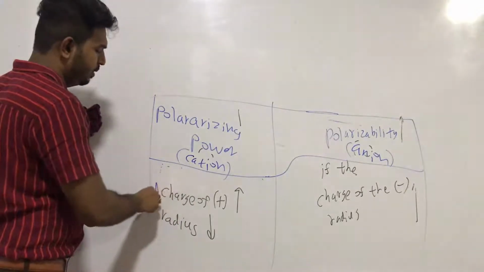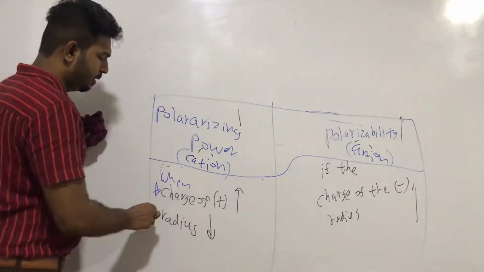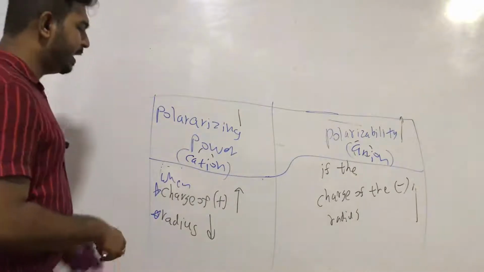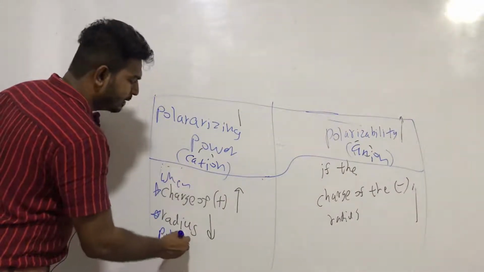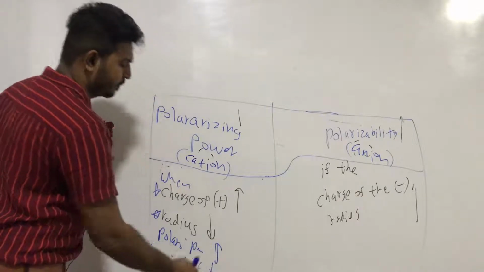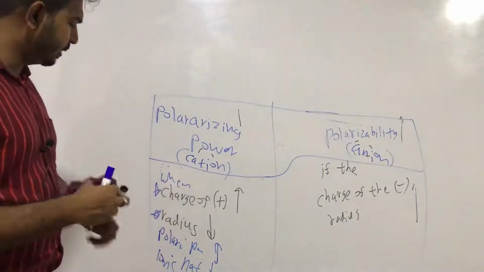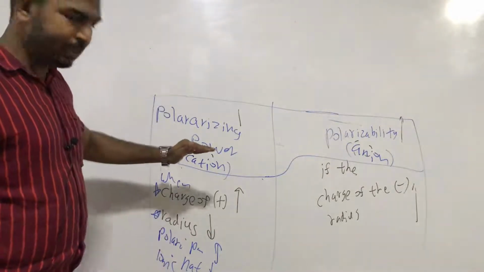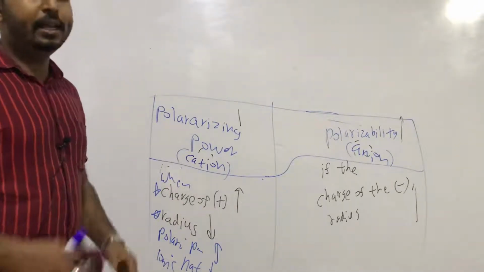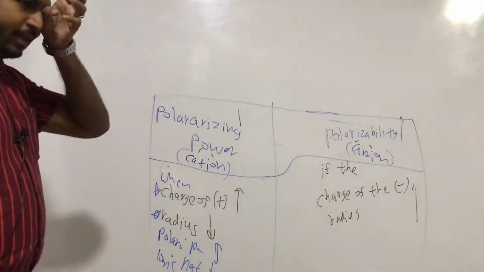Then today, right here, when charge of cation increases and radius decreases, polarizing power increases and ionic nature decreases.